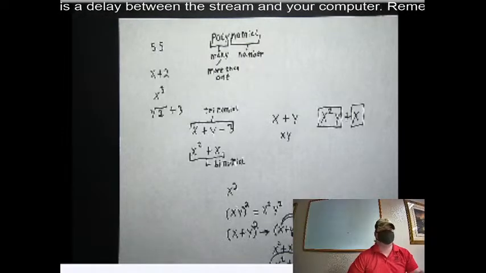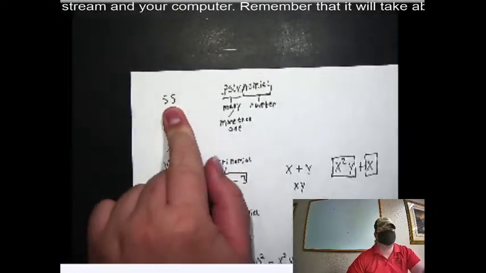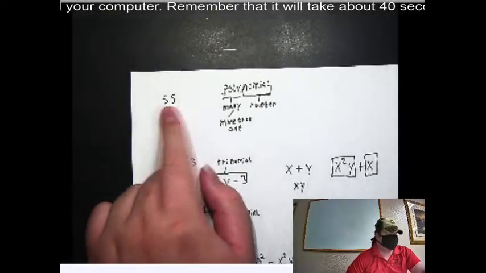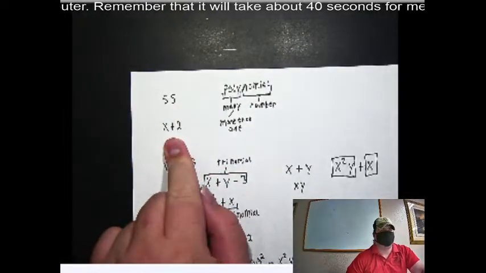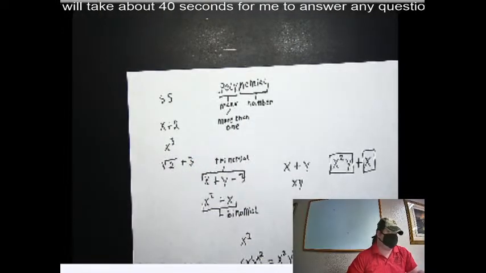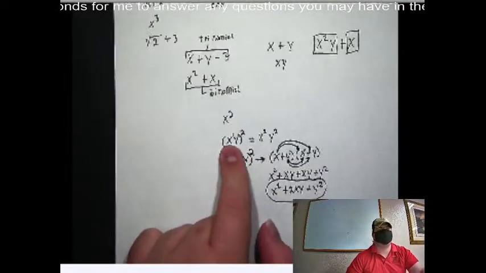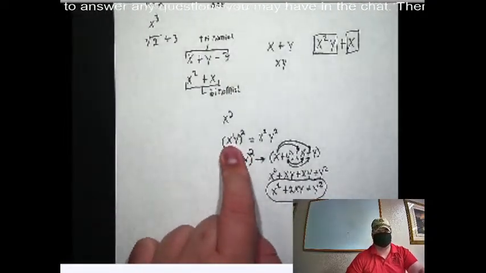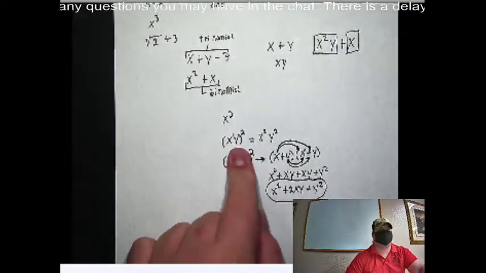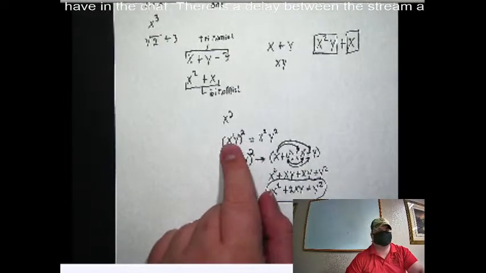So what I was saying is that we have monomials, which are just a single number, and polynomials, which are more than one number. So we cannot treat polynomials the same way that we treat monomials. So like for here, we're used to thinking that this distributes.